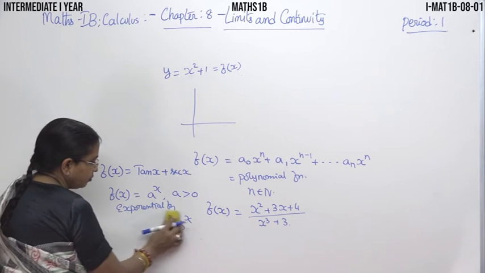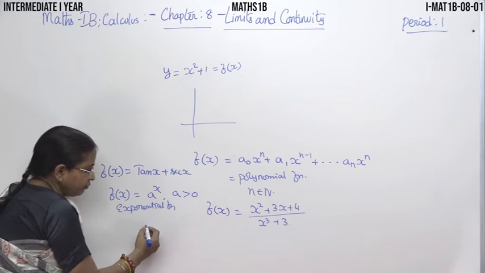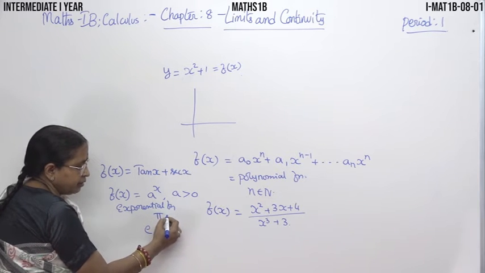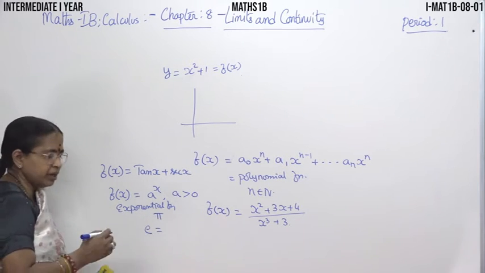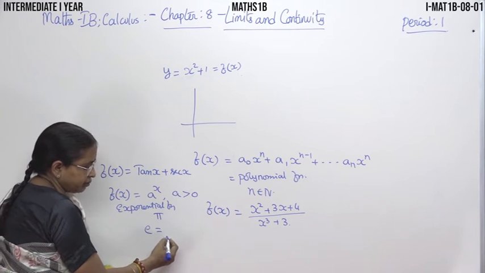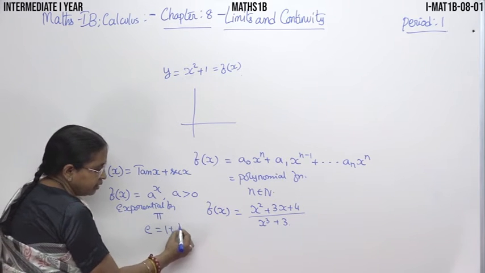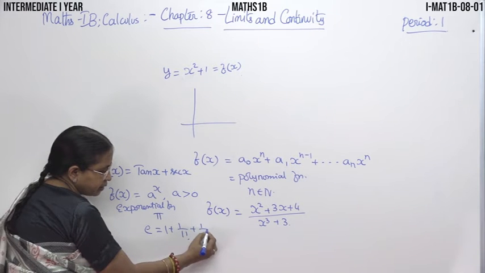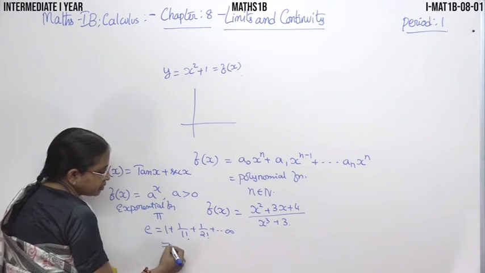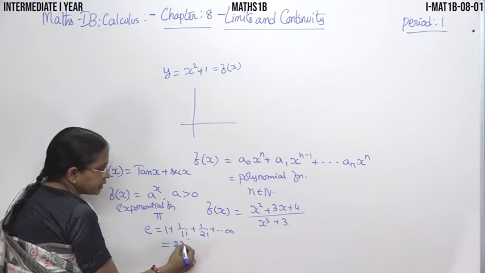Okay. Now, exponential function. We have an irrational number e, like you have pi. Pi you take as an irrational number which is approximately equal to 22/7. We have another irrational number which is actually 1 plus 1 by 1 factorial plus 1 by 2 factorial plus so on to infinity. This series, which is approximately equal to some 2.7, like this.